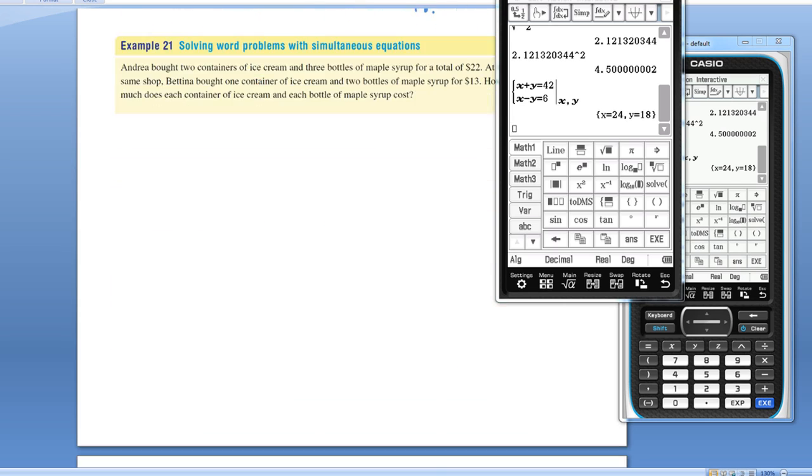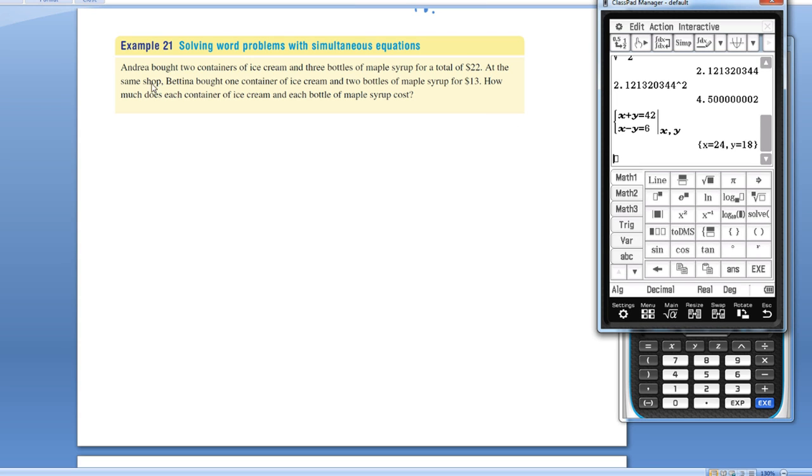Okay, let's get on to the second problem. This is a classic; you'll see this over the years a whole heap of times. Andrea bought 2 containers of ice cream and 3 bottles of maple syrup for 22 bucks. At the same shop, Bettina bought 1 container of ice cream and 2 bottles of maple syrup for $13. What we don't know is how much each container of ice cream and each bottle of maple syrup costs. We know the total costs in both situations, but we don't know the individual costs.